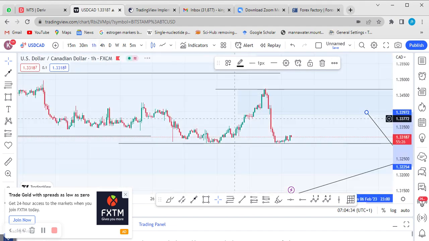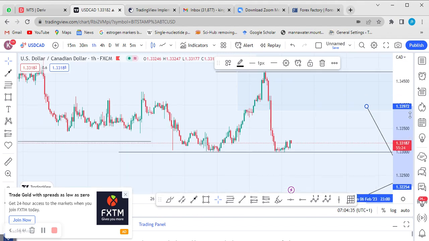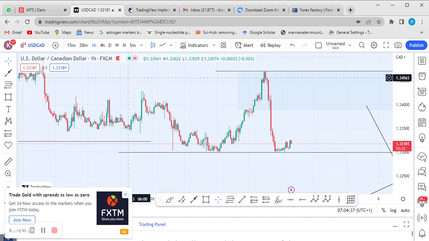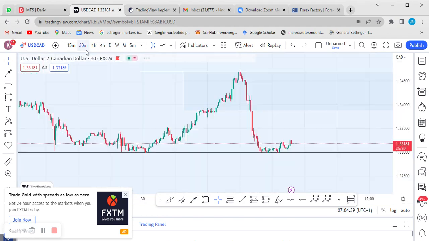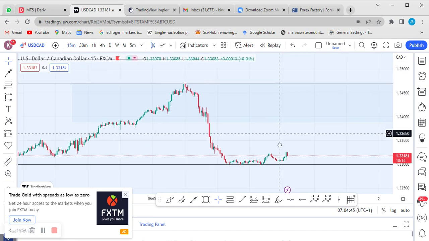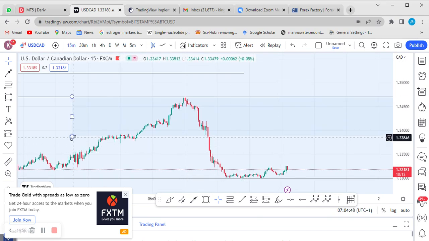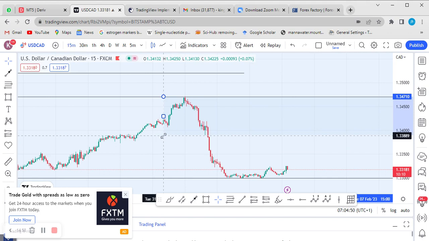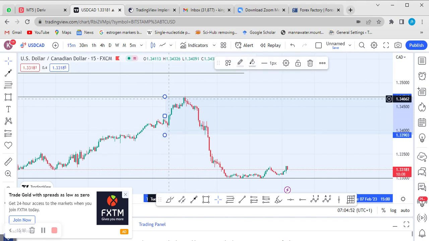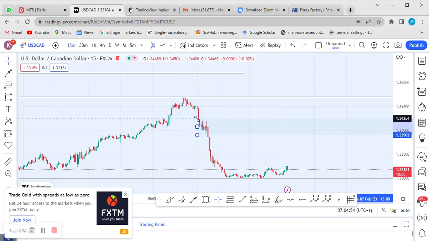So let's refine the trade all the way to a 1 hour TF. I'm trying to refine it so we can look for an entry going to 30 minutes, 15 minutes time frame. We can see we had other blocks here, so that means we had an entry here.